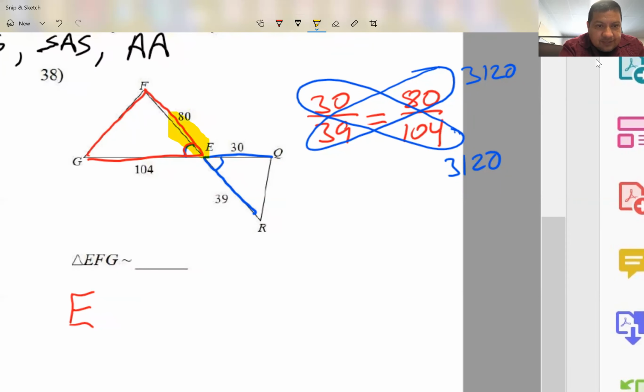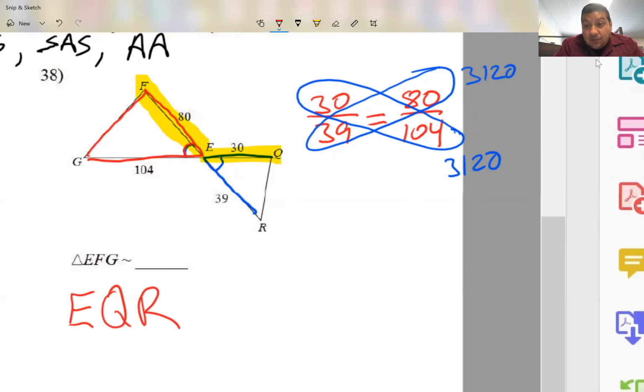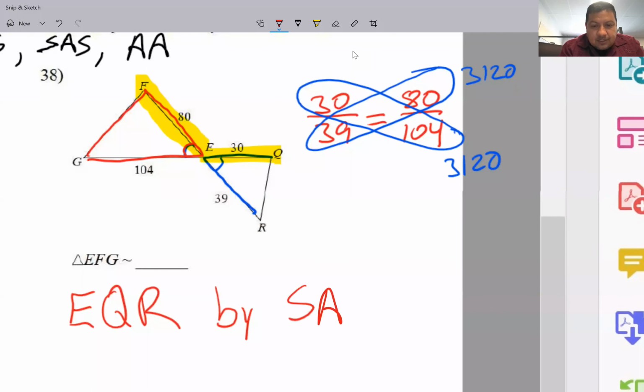So F is going to go with Q and G is going to go with R. So it is EQR. All right, I have two more people here that said EQR. Good job. So EFG is similar to EQR by, in this case, side angle side. Right? It is similar by side angle side, so we complete the statement.